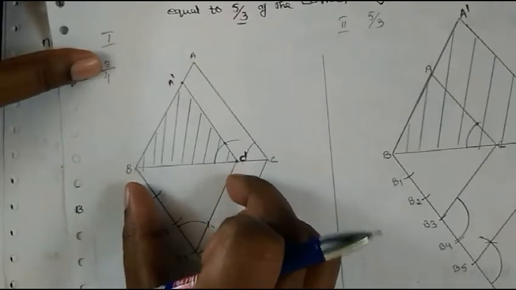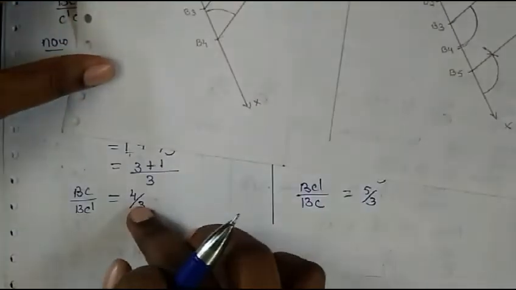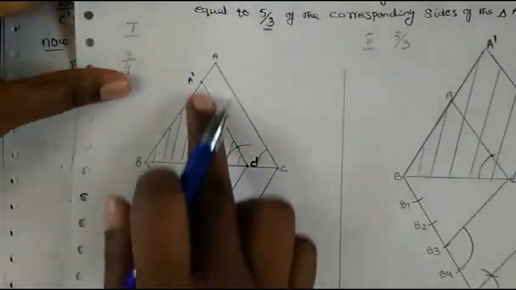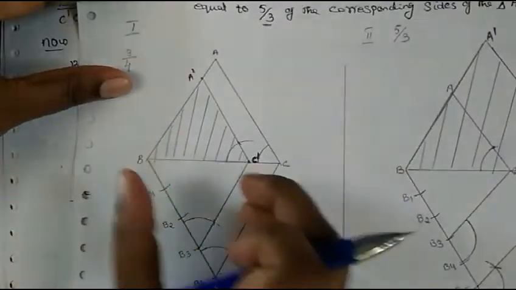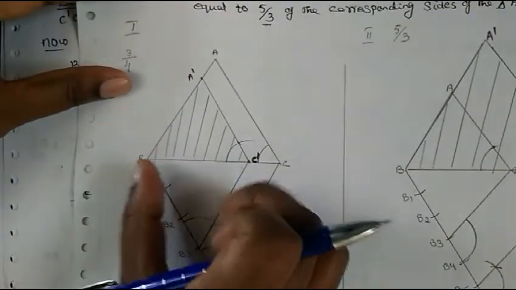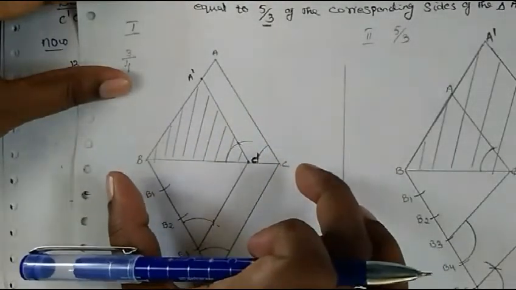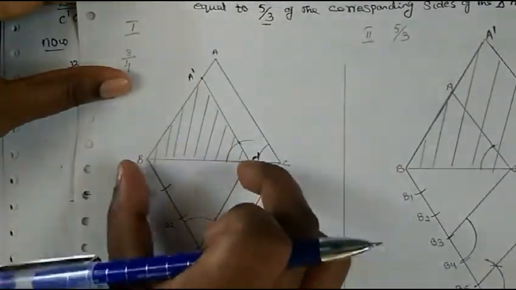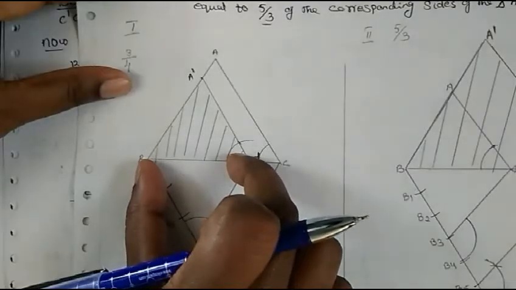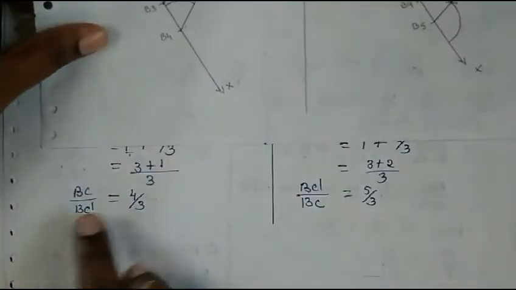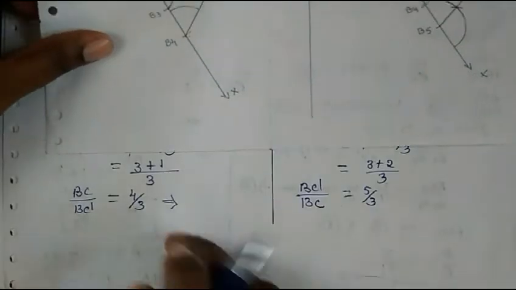So this is coming as a 4 upon 3, but we have to prove 3 upon 4. So what we have to do first, what we have constructed is small triangle. So we have to write first BC dash upon then the bigger triangle side BC. So what we will do, we will write the reciprocal.